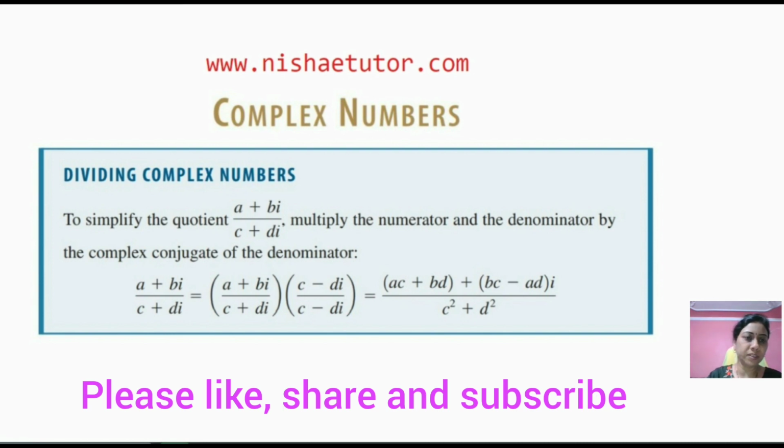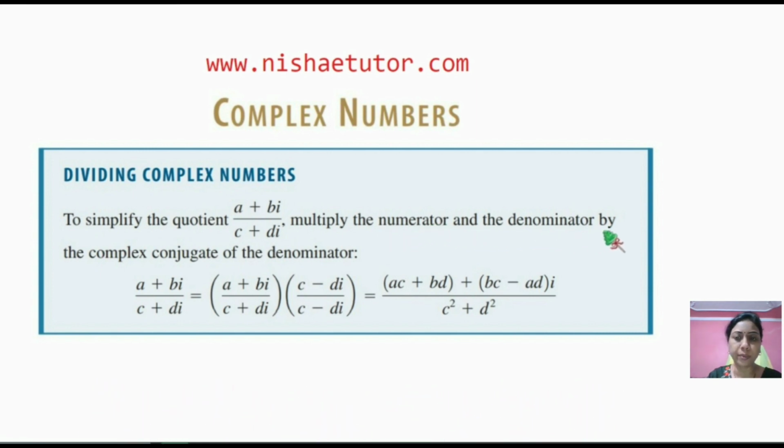Here we are learning complex numbers and today we will do dividing complex numbers. To simplify the quotient (a plus bi) upon (c plus di), multiply the numerator and the denominator by the complex conjugate of the denominator. So here the denominator is c plus di.